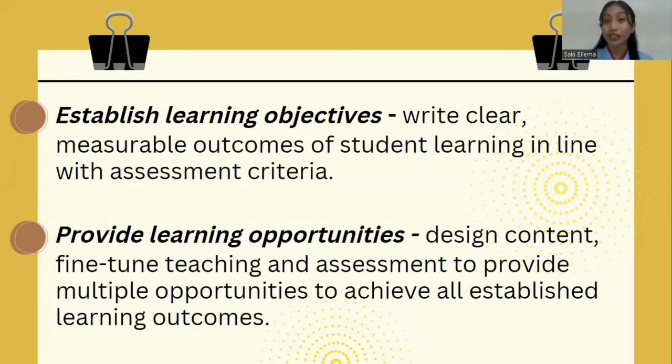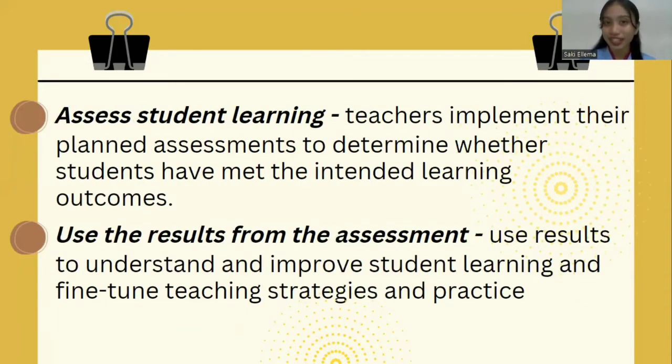Then we need to provide learning opportunities, design content, fine tune teaching and assessment to provide multiple opportunities to achieve all established learning outcomes. Then we need to assess student learning. Teachers implement their planned assessments to determine whether students have met the intended learning outcomes. And lastly, use the results from the assessment. We need to use results to understand and improve student learning and fine-tune teaching strategies and practice.